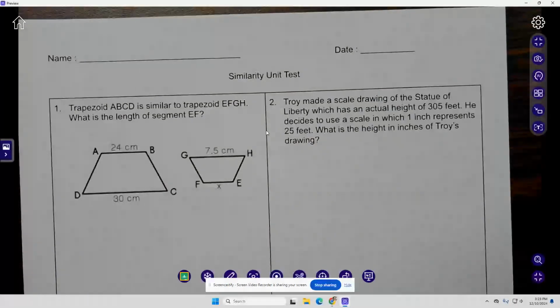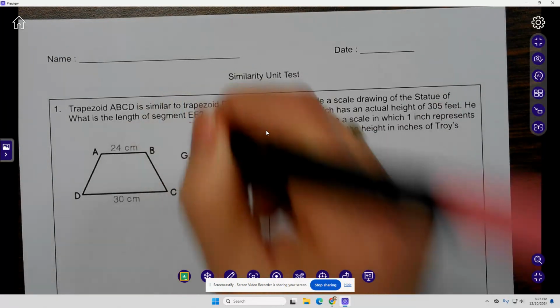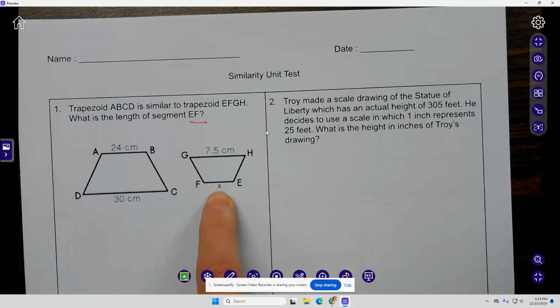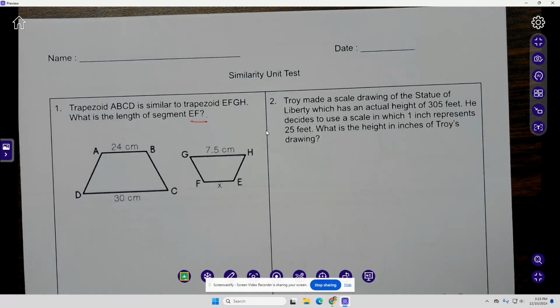So number 1, it says trapezoid ABCD is similar to trapezoid EFGH. What is the length of segment EF? So we're trying to find this X, the length of segment EF. The first thing that we need to do is figure out which line segments correspond.